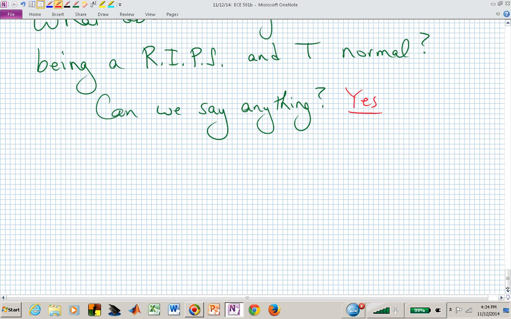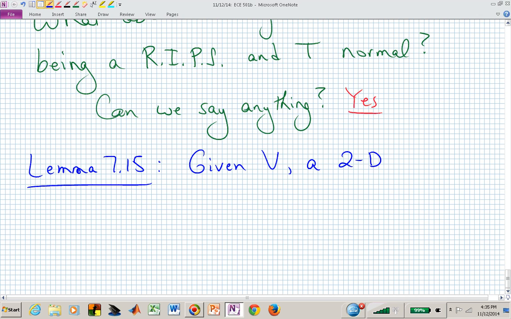So now let's look at the lemma that tells us what can be achieved when we do have a normal operator on a real inner product space, and that is given to us in Lemma 15 of chapter 7. Here we're given V, and let's just work on a two-dimensional real inner product space, because then we'll start talking about block diagonal matrix representations, and so once we know that it works for 2D, then we're pretty well good to go.